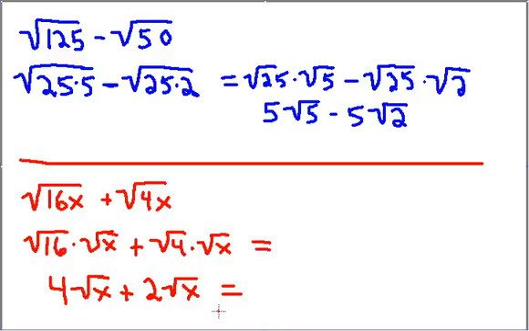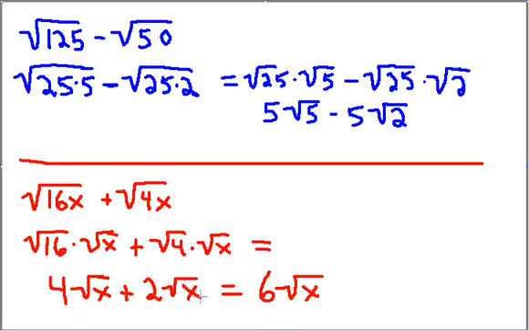And is there a way to simplify this? Sure there is. We can combine these two together. 4 radical x plus 2 radical x is the same thing as 6 radical x. Remember, when you have a monomial and you have the same base, your variable is to the same exponent.